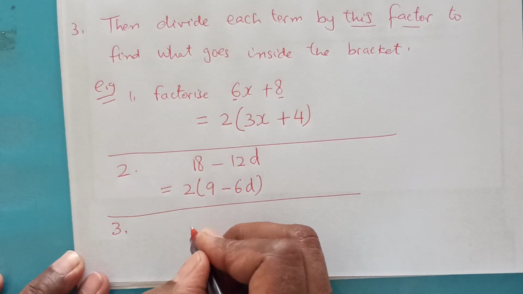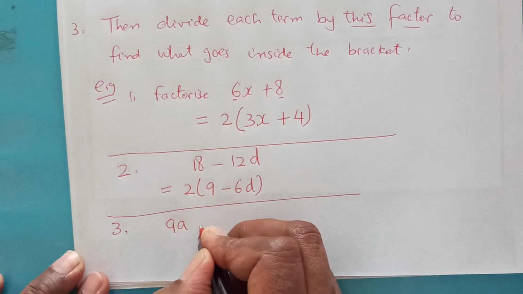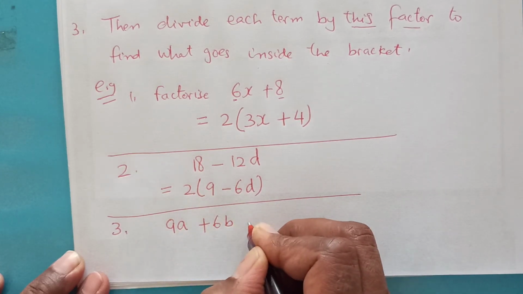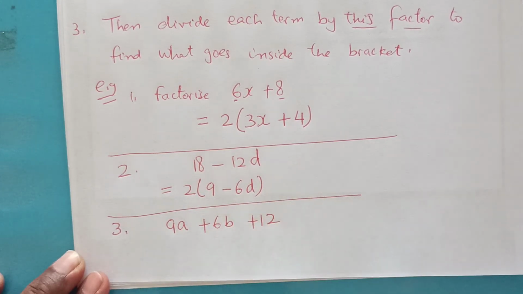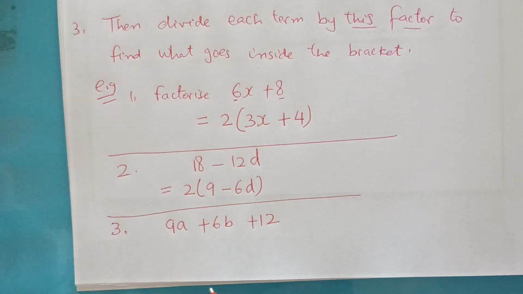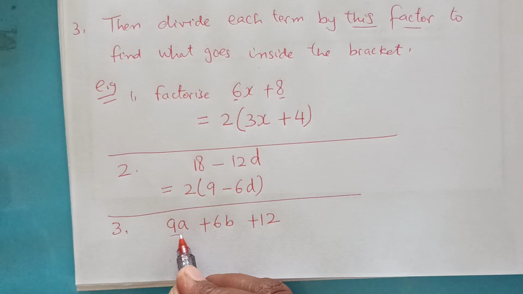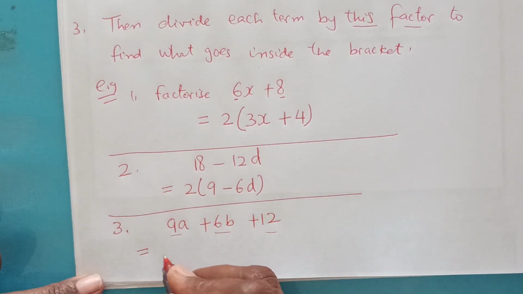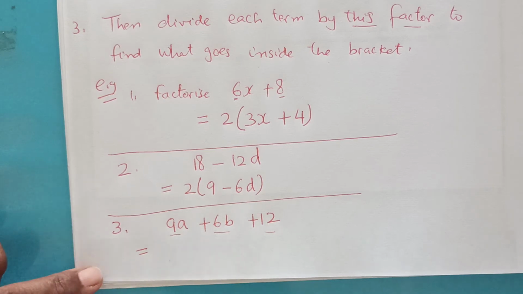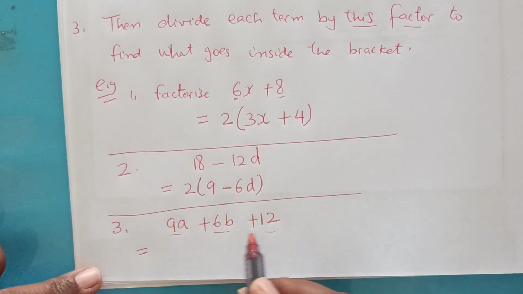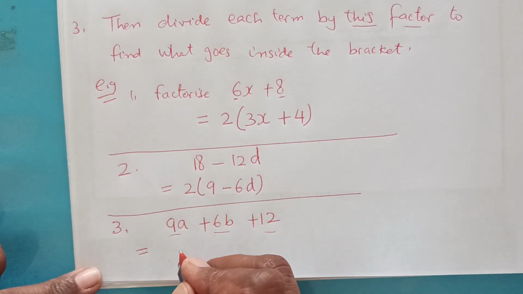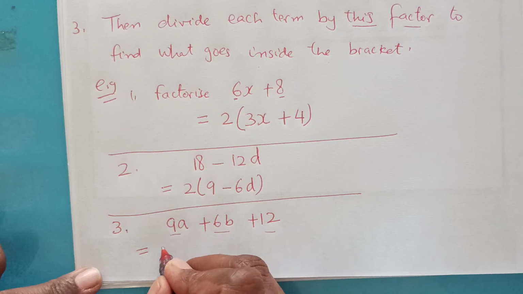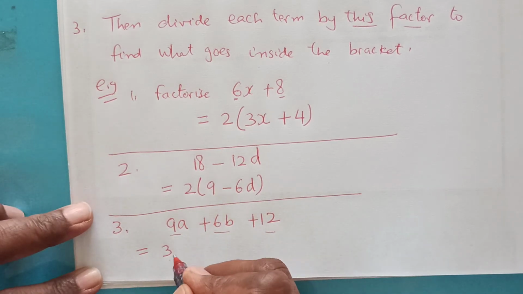Let's try another example, number 3. This is 9a + 6b + 12. The variable may be in any form: x, y, z, a, b, c. Now we have 3 terms here, first term, second and third. We need to look for a number which is common in all. As we can see, 9, 6 and 12 are all multiples of 3, so we can divide by 3. 3 is the HCF.